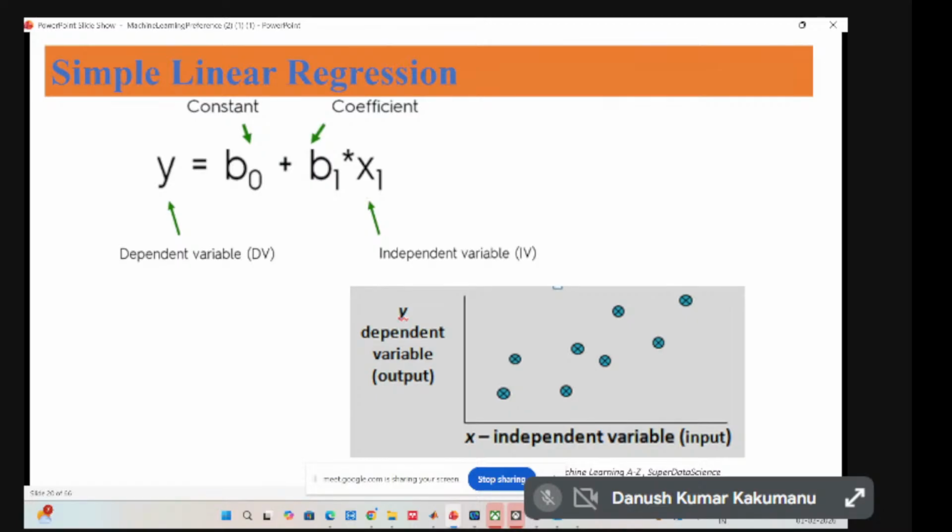First one, linear regression. Linear regression has two types: A. Simple linear regression. B. Multiple linear regression.